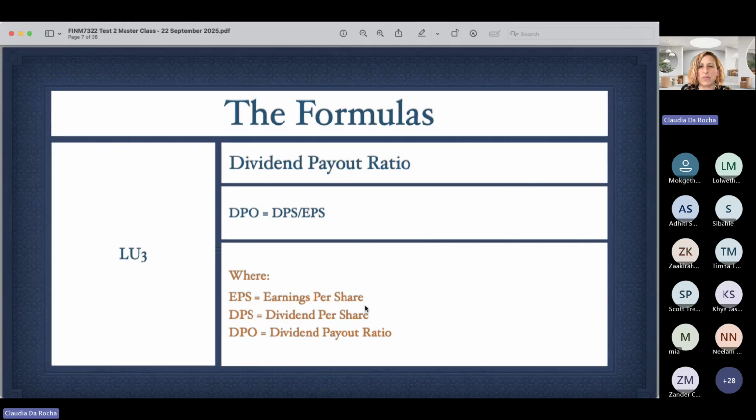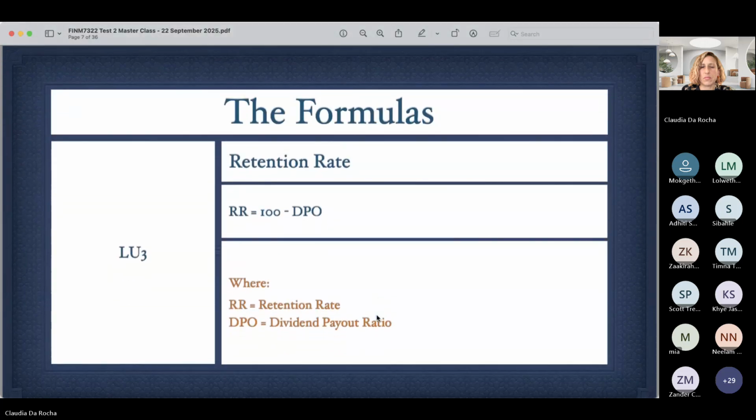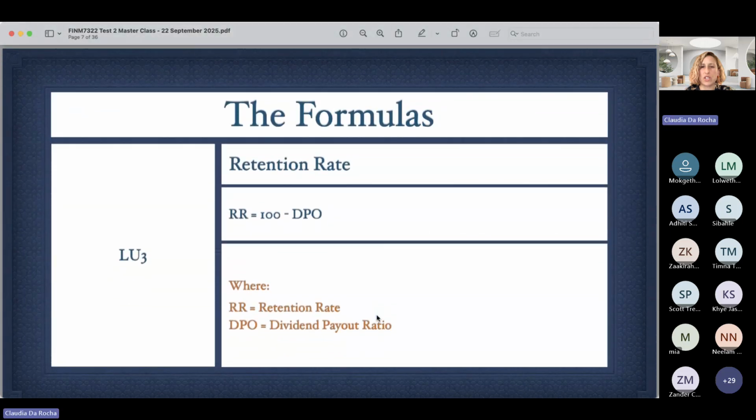Okay, we have our dividend payout ratio, which is our dividend per share over our earnings per share. So this tells us how much dividend as a percentage or as a ratio will be paid out. We have retention rate.